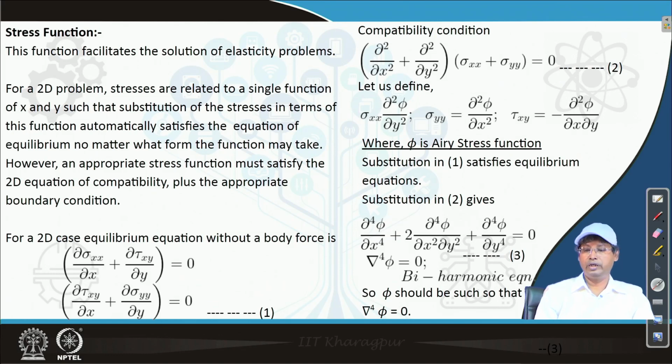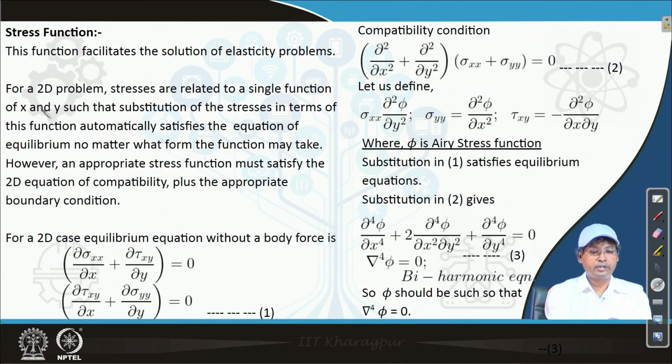So, here comes the stress function concept, as we have already introduced. Instead of compatibility in terms of displacement or strain, we are coming to the stress function, that is, we will try to solve in terms of stress. This function facilitates the solution of elasticity problems. What the function is, and what are the things it must satisfy, let us see.